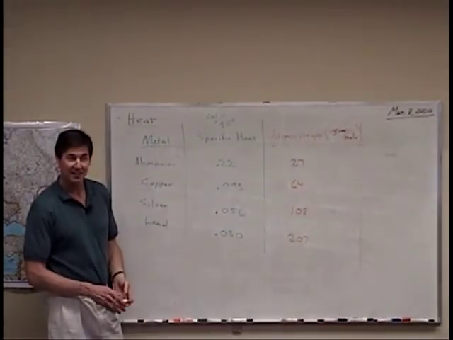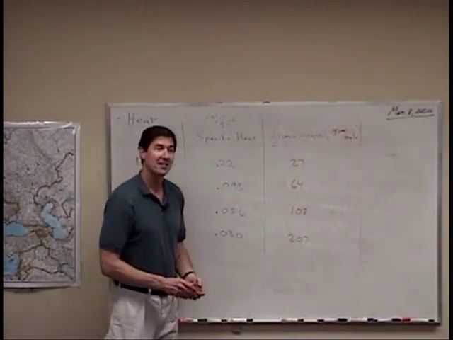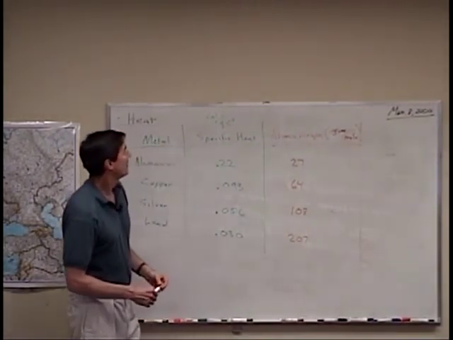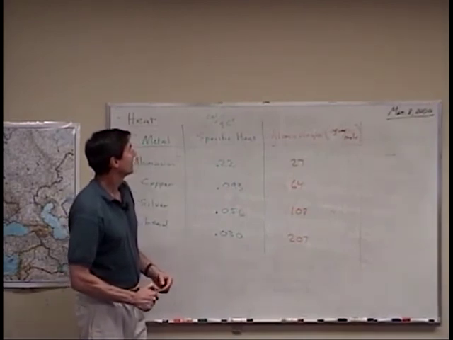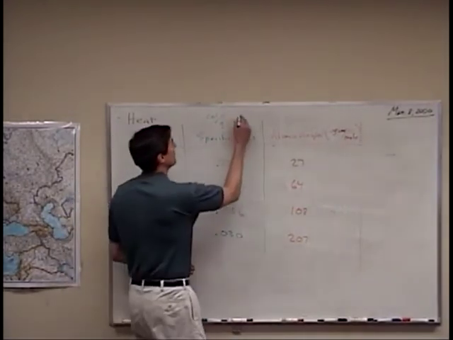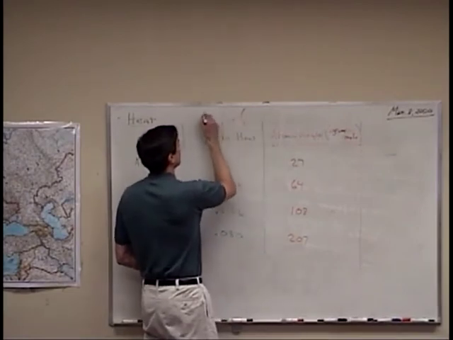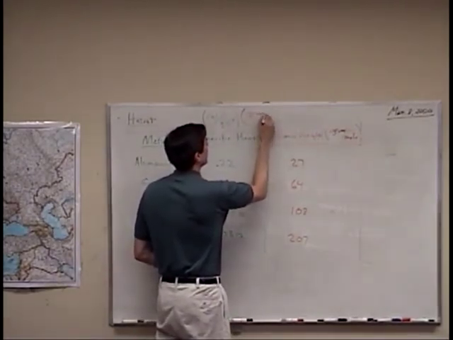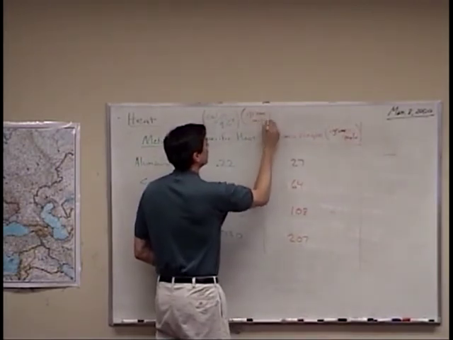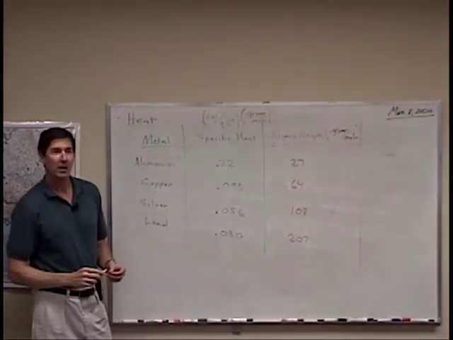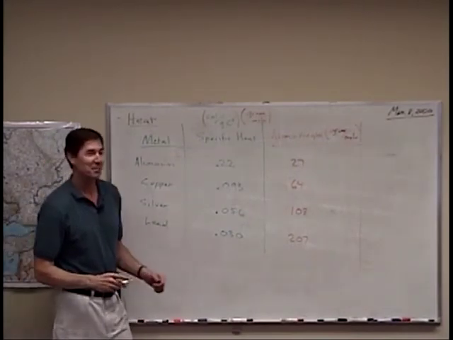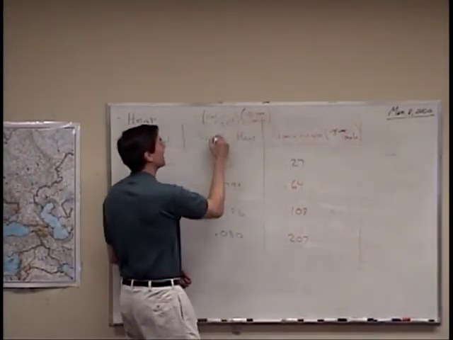You have to put the equations together, right? What units do we get if I multiply this unit by grams per mole? You get calories per mole. Grams cancel out.